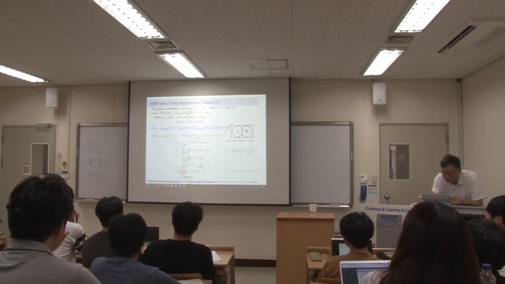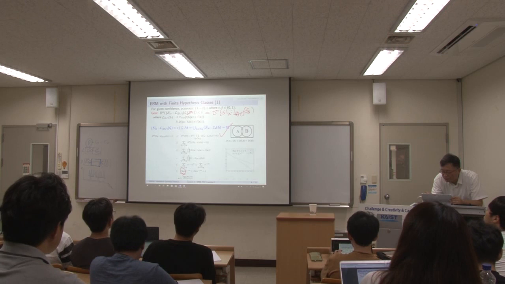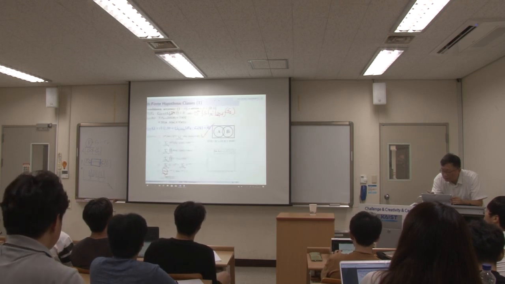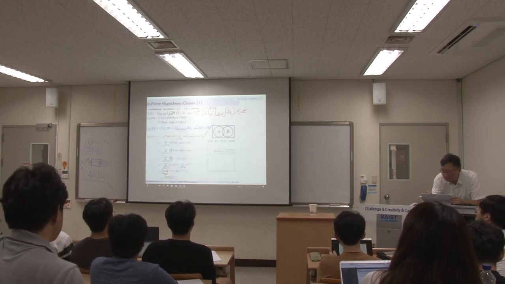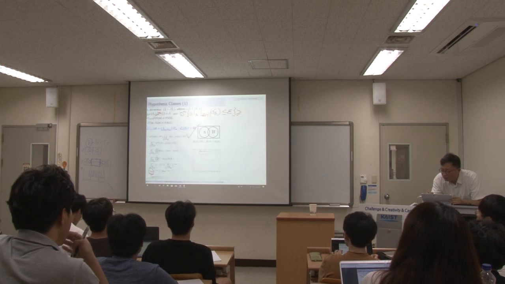This is equivalent to D_m of F of S. Yeah, very good. This is less than epsilon, meaning that this is greater than 1 minus delta.